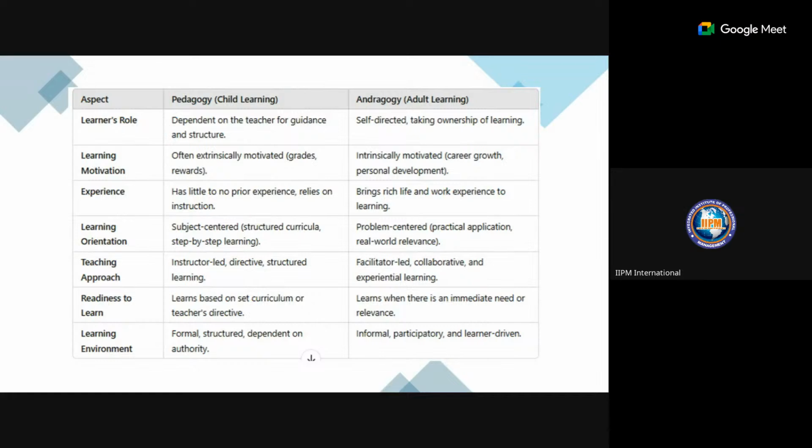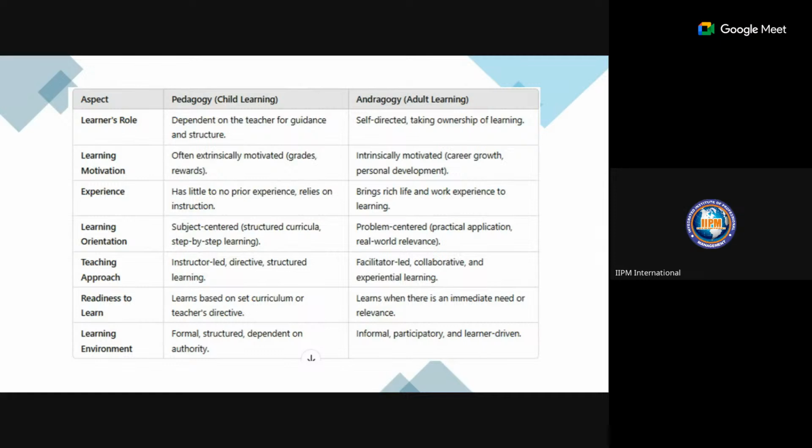Under learning motivation, the child is often extrinsically motivated, like grades and rewards. For adults, it is intrinsically motivated, like career growth, personal development, advancement, and the likes. When an adult is learning, he's not interested in first class or third class. The most important thing for him is, if he passes through this learning, can his challenge be solved? If yes, the first class can go to whoever needs it.